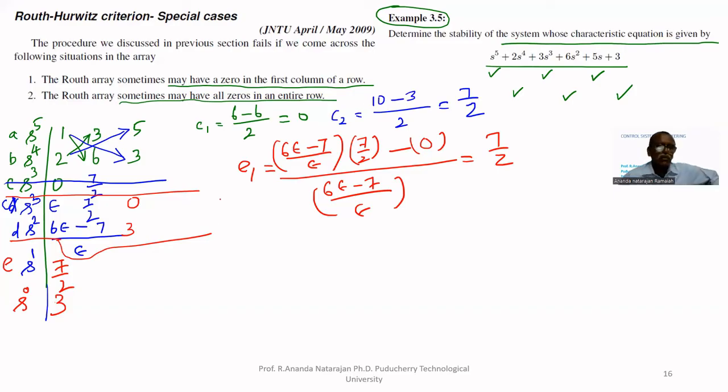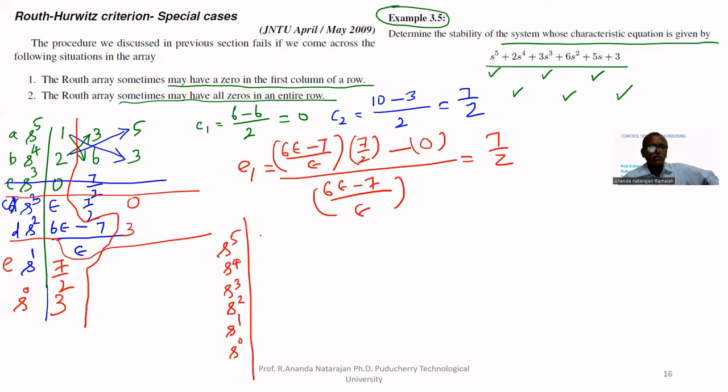So what are the first column elements? Let us write S power 5, S power 4, S power 3, S square, S power 1, S power 0.